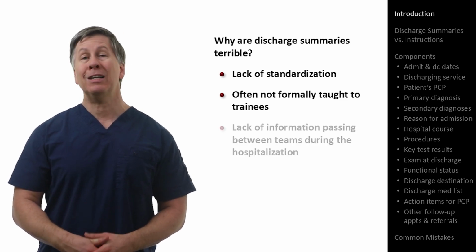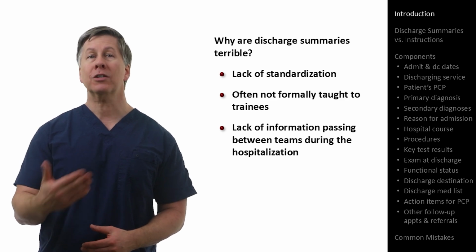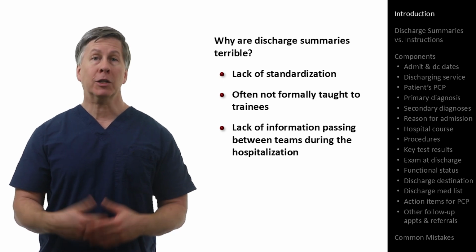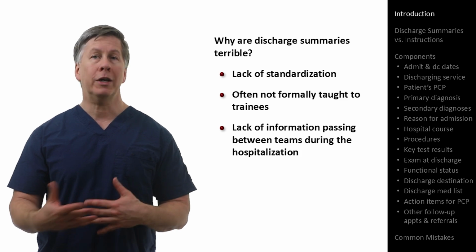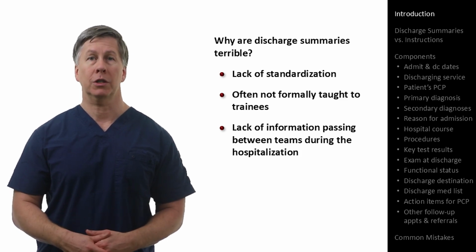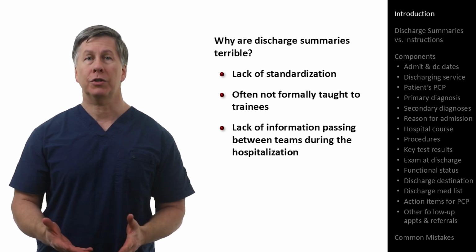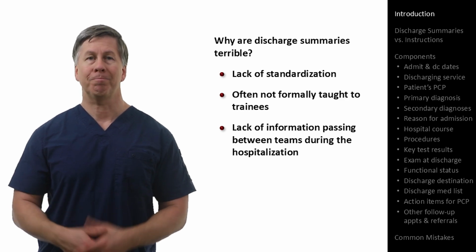There is an incompleteness in the passing of information from one clinician to the next during the hospitalization. The longer a patient has been hospitalized, the more likely it is that they have gone through at least one transfer in care between physicians or teams, such that the person who ultimately discharges them is not the same person who initially admitted them.